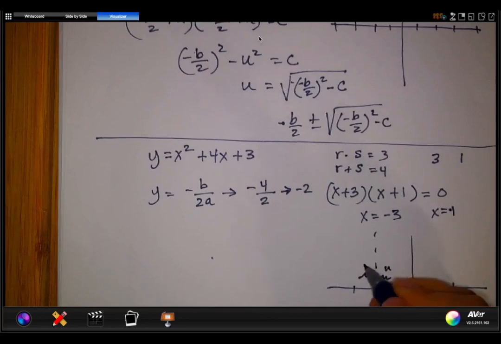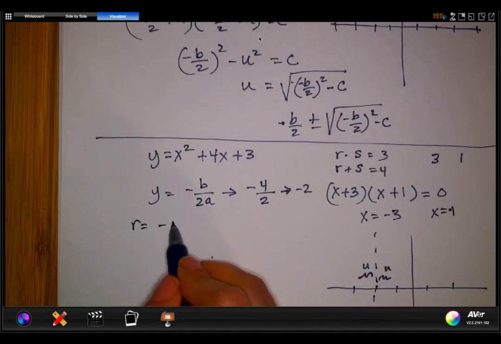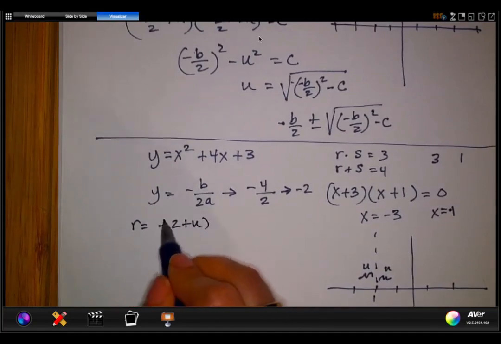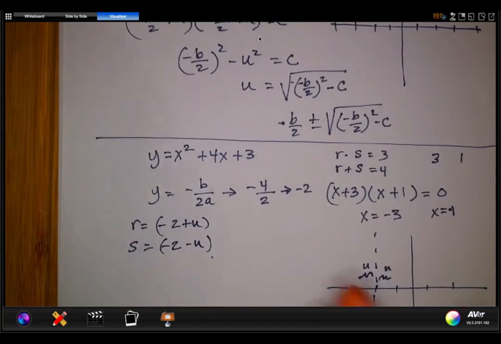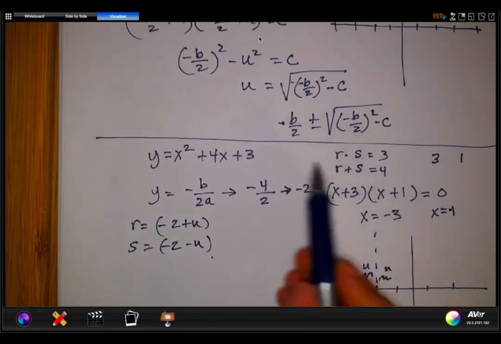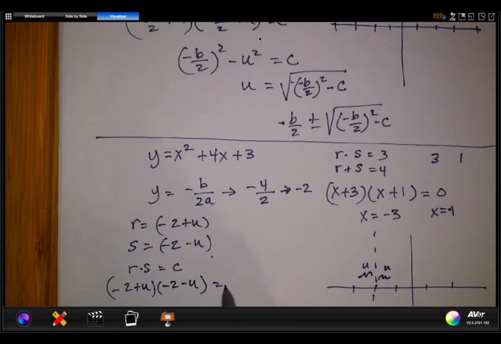The distance will give us the two zeros, symmetrical across the vertical axis. So r is negative 2 plus u, and s is negative 2 minus u. The product of r and s is equal to c, so negative 2 plus u times negative 2 minus u equals 3 in this case.